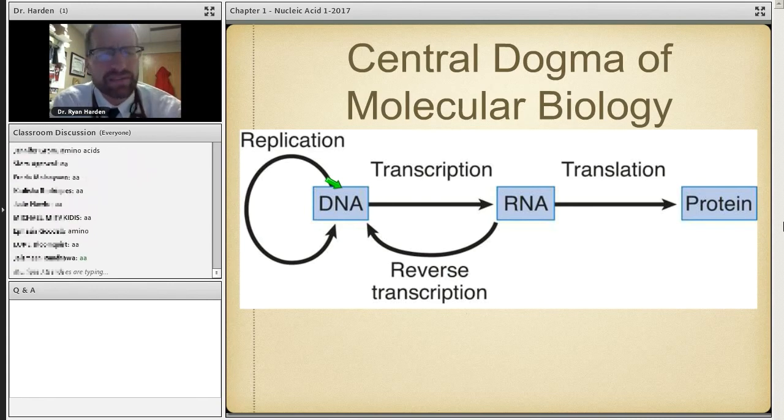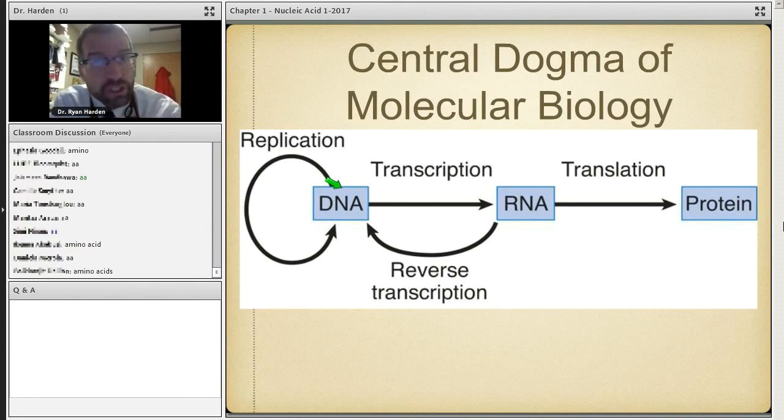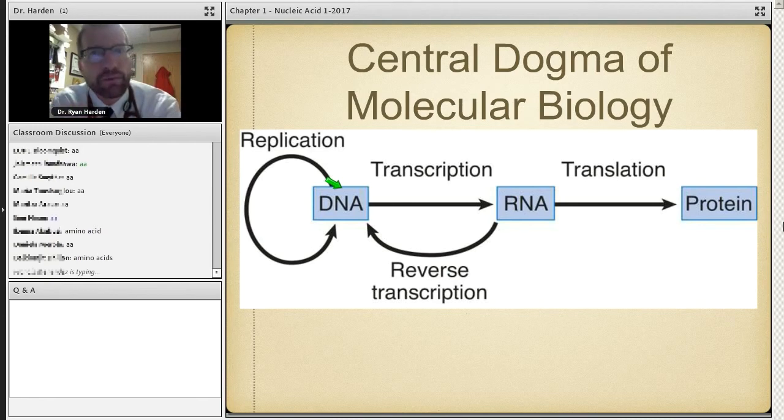It's very basic. But when you go from RNA to protein, you are going from the language of nucleic acids to the language of amino acids. So you're essentially translating from the language of nucleic acids to the language of amino acids. And that's how you can remember that it's called translation.